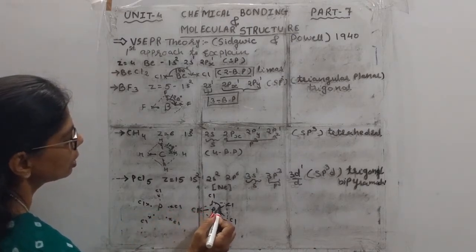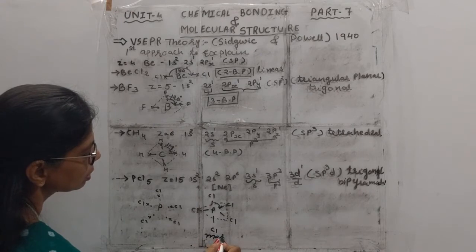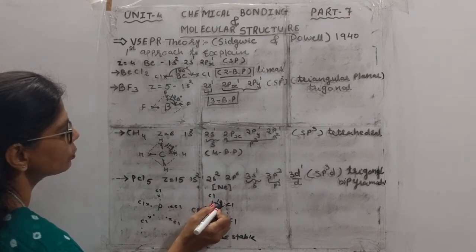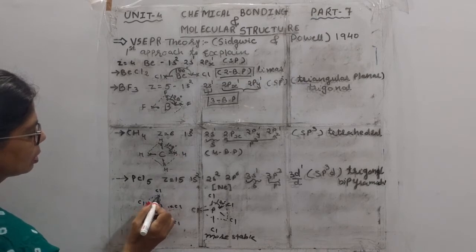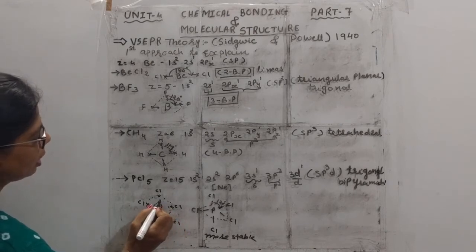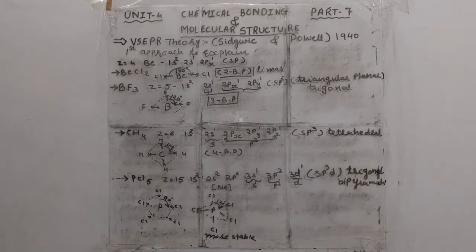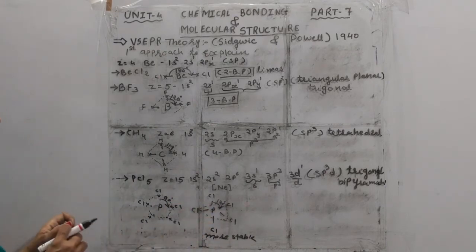This structure is the more stable structure, because here the angle is 120 degrees, and if you see the other structure, the angle is 90 degrees. As I said, students, 90 degrees has less stability. So 120 degrees is the more stable structure.